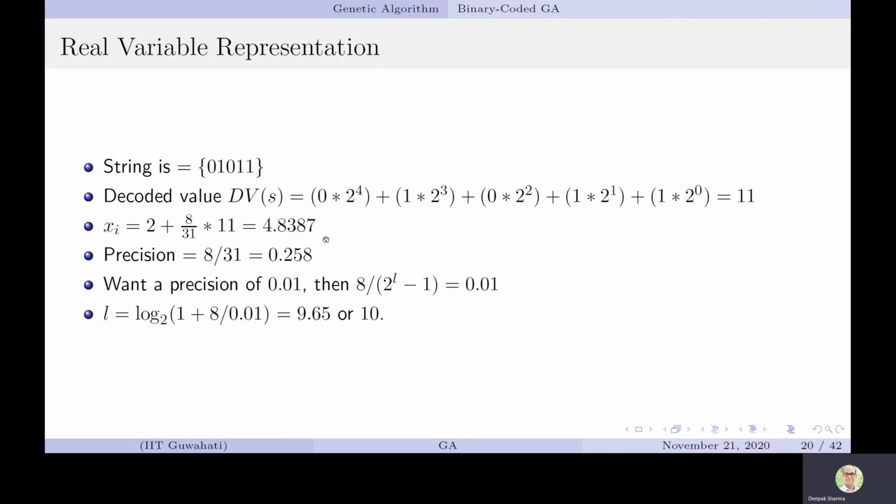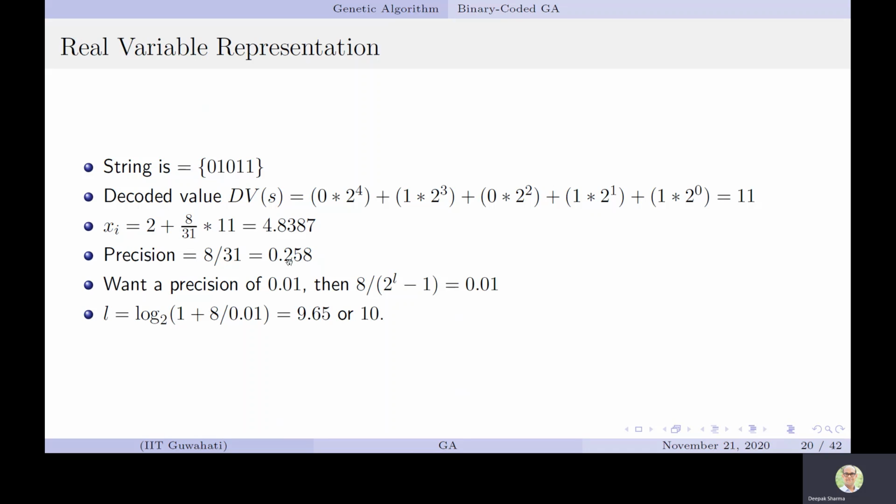I have already given you the value of xi here when the decoded value is 11. Now you take decoded value 12 and find the value of xi. So between these two immediate neighbors, you cannot find any other value. So that is called precision here.